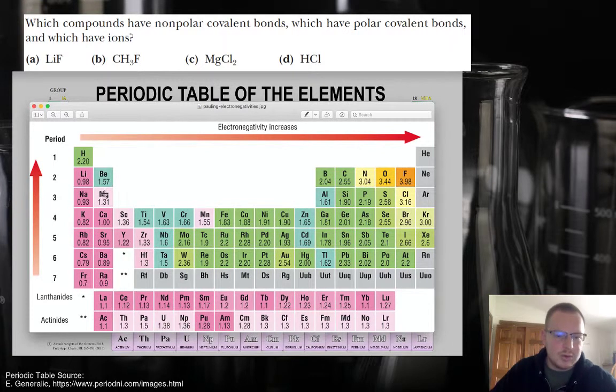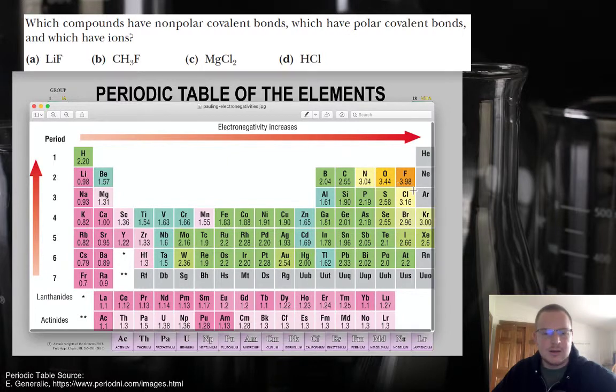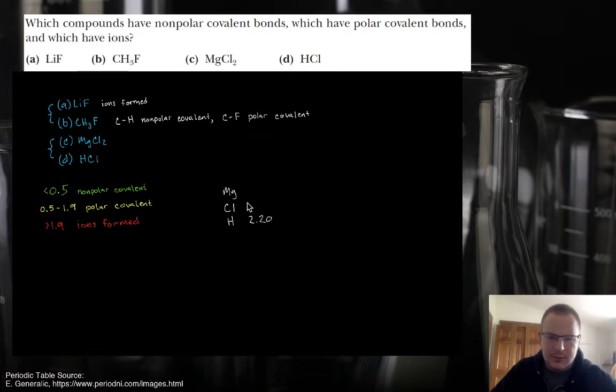Magnesium, I think, is 1.31. Yes, we find this here in group 2. And chlorine is 3.16. And magnesium has an electronegativity of 1.31.